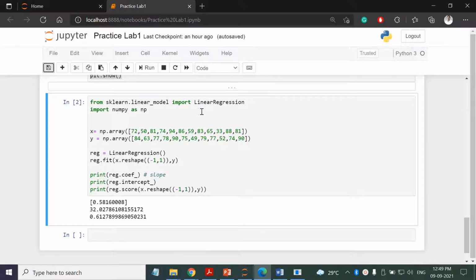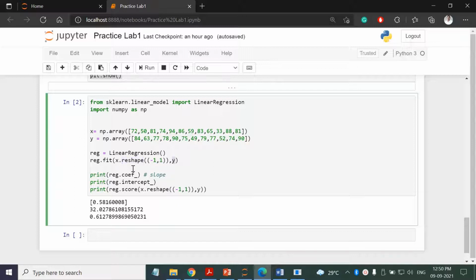We have to use the linear regression library. These are the x values; we have a total of 12 samples. I have inserted these values, then these are the actual y values. I created an object of linear regression and fitted this data. It expects a column vector, so I am reshaping the vector.